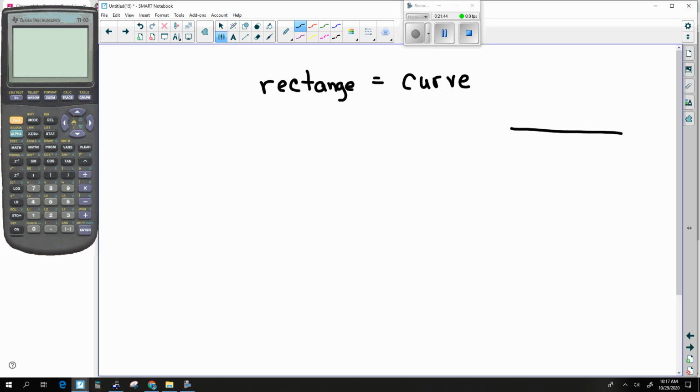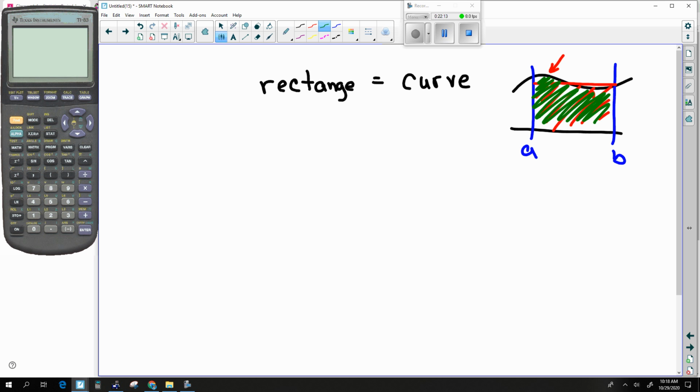So if you're setting up a curve that goes from here to here, the rectangle has to have that exact same base. And again, there's going to be some extra area and some under area, things like that. So the area of the base is equal to the area underneath this curve.